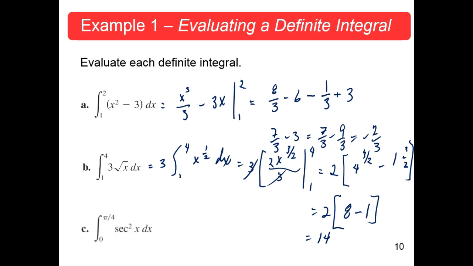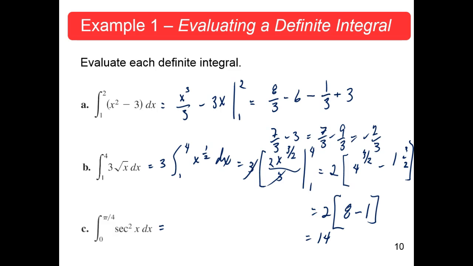All right, the one we've been waiting for, folks. What in the world is the antiderivative of secant squared? Anyone remember? Is it tan squared times secant squared?